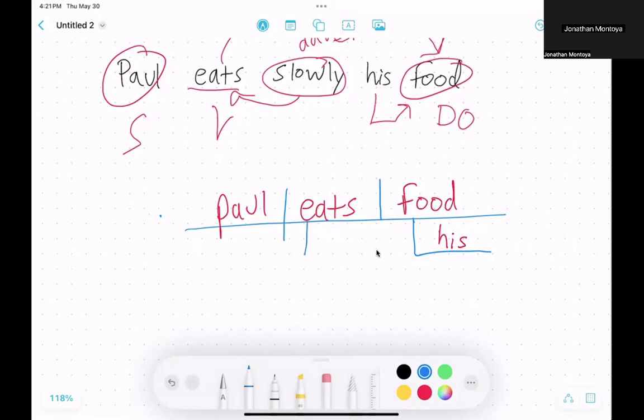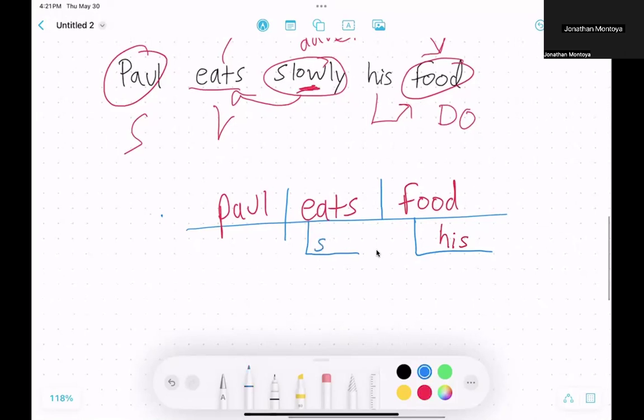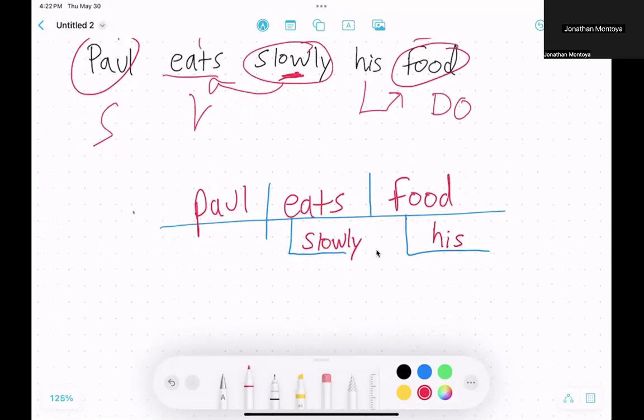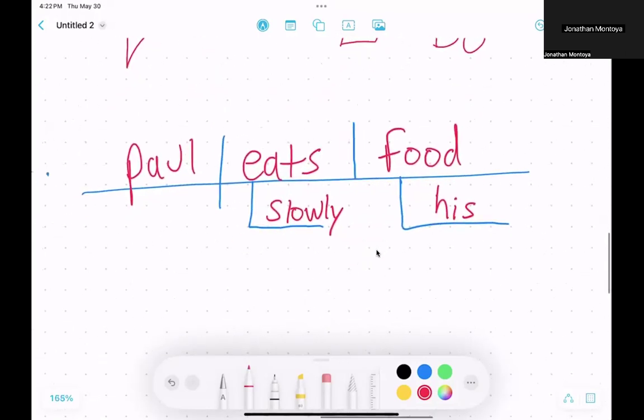What's going to go under here? The word slowly as an adverb that modifies eats. All right, so there's a line diagram of that sentence.